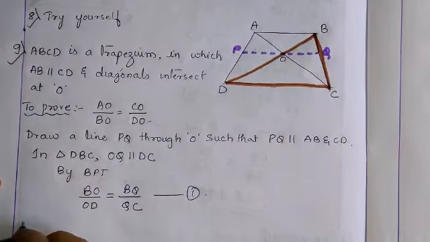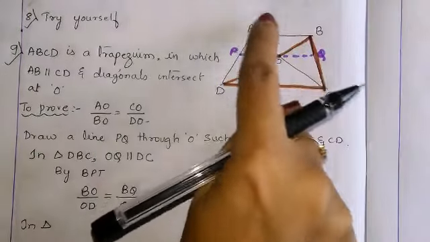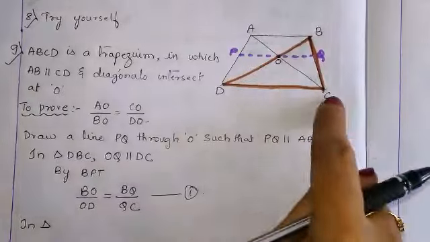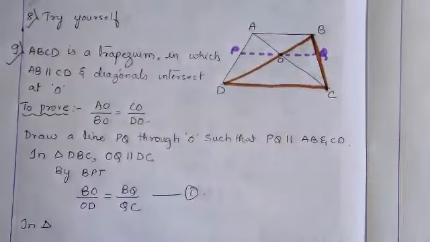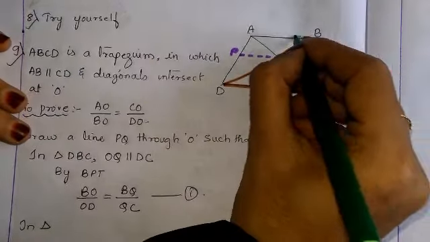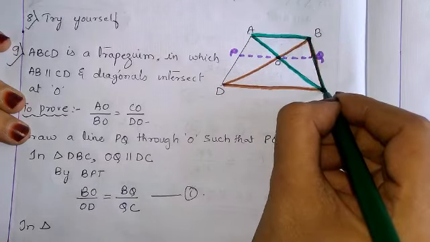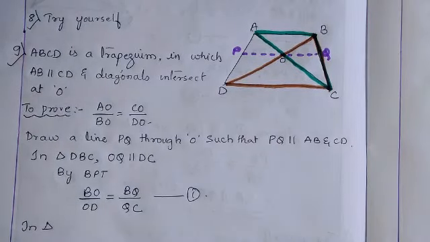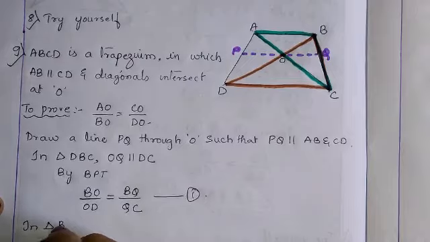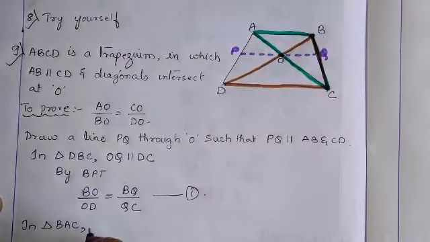Now I'll take one more triangle. In triangle BAC, I'll take this triangle because I want AO and OC. In triangle BAC, OQ is parallel to AB.